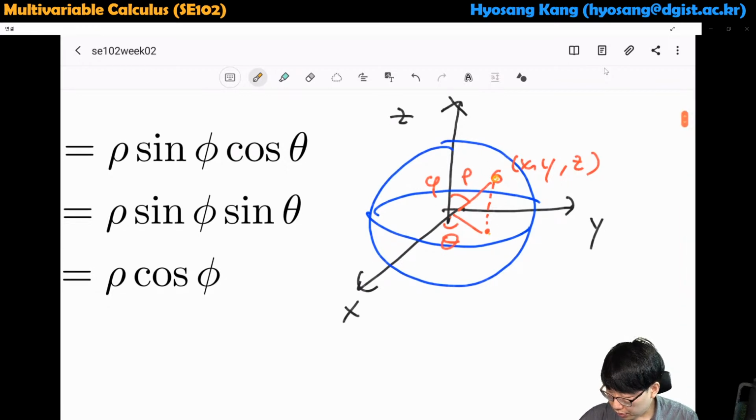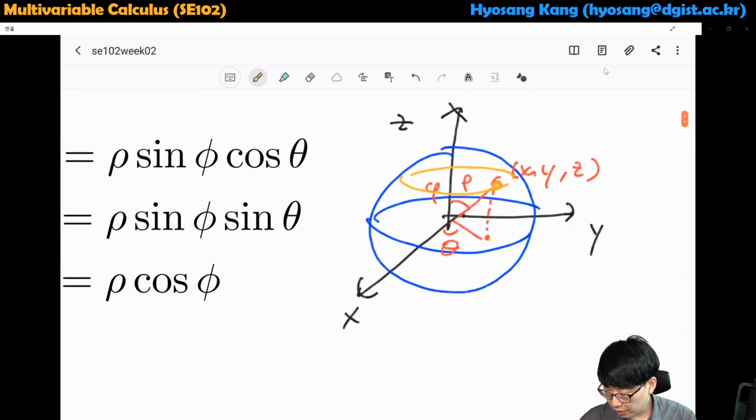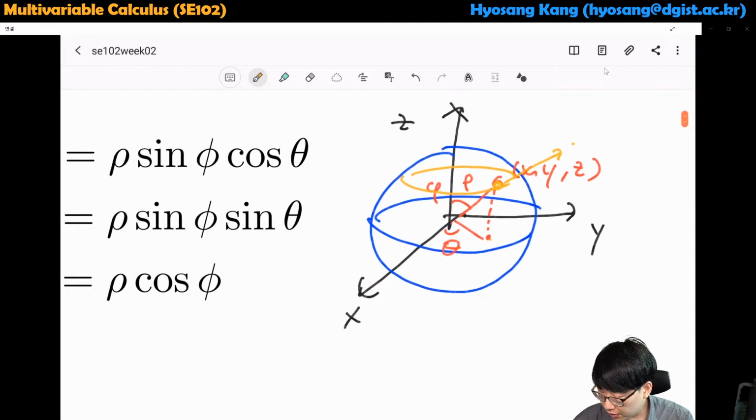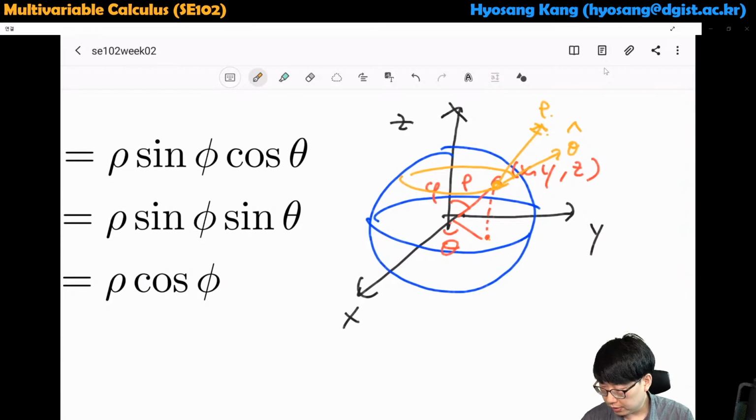You have a point right here, and you have a circle, a trajectory of a point where theta changes, but not rho or phi. So that's the theta hat. How about rho? Rho is this guy.